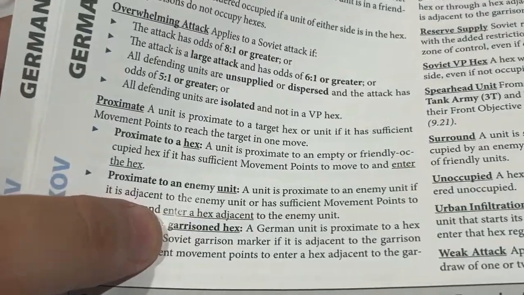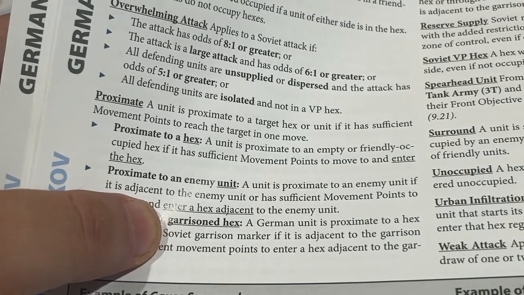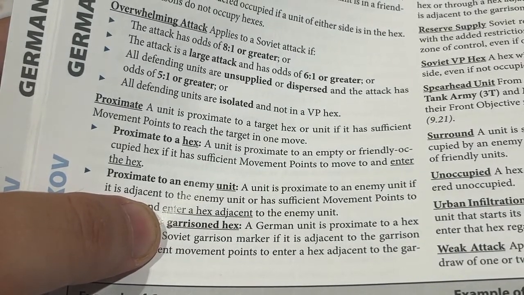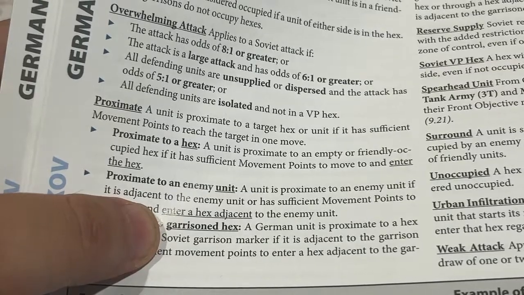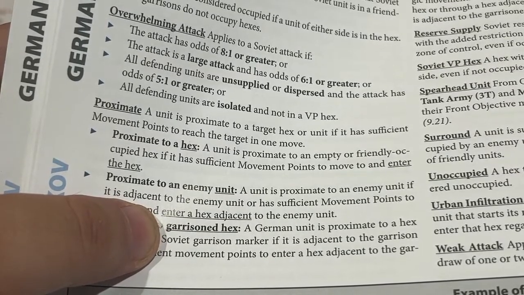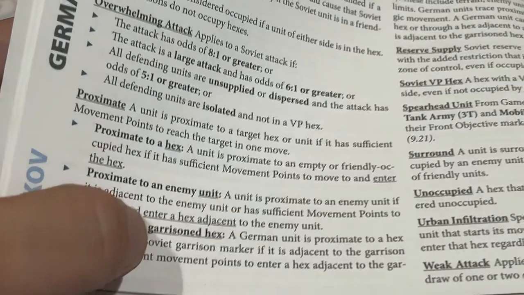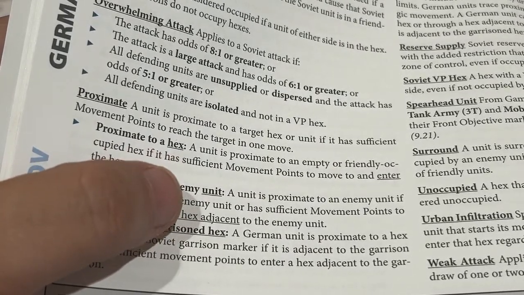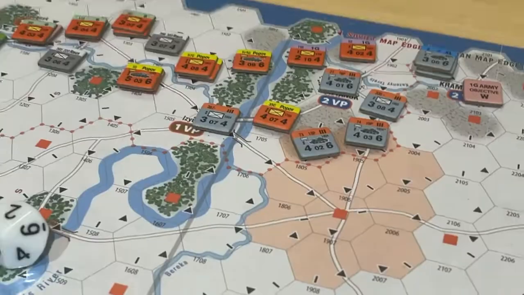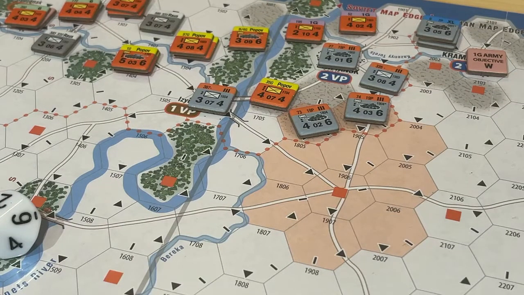Proximate to a hex: a unit is proximate to an empty or friendly occupied hex if it has sufficient movement points to move to and enter the hex. Now, that is including zone of control rules, so we have to bear that in mind. You can't move to or enter it if you have zone of control issues.